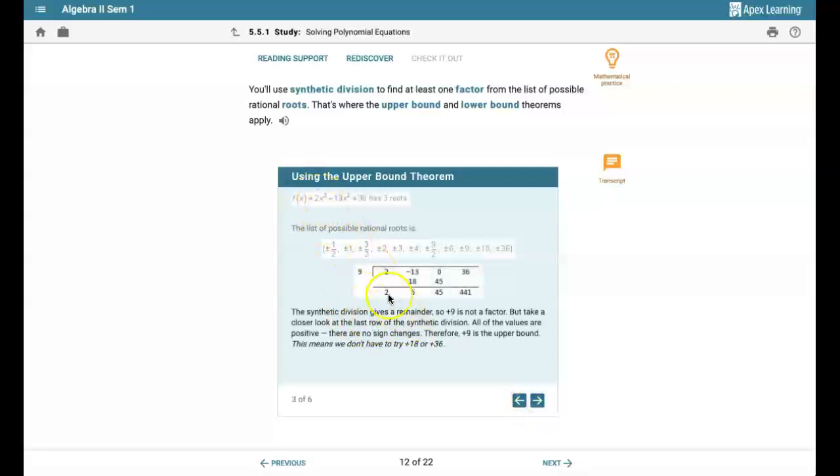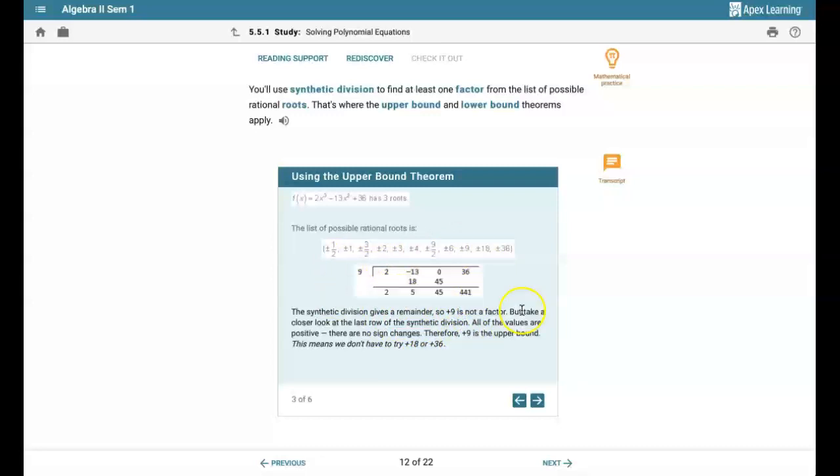So I carry down my 2, my negative 13, and a 0, because remember, we have to write this in standard form, so we don't just go from x squared to our constant. So we have a 0 here for our x to the power of 1 term, and then we add our 36. We do our synthetic division, and we get a remainder that is positive.